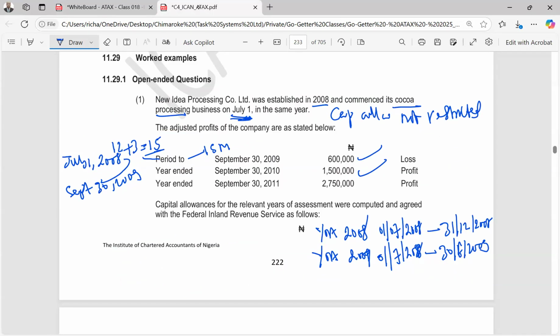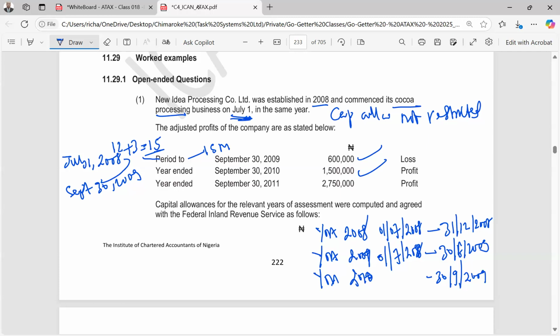Now, for year of assessment 2010, that is where the preceding year rule starts. The preceding year rule says that you must end on the account year end, which is 30th of September. And since this is 2010 here, the year must be 2009.